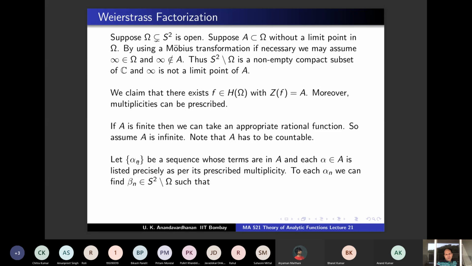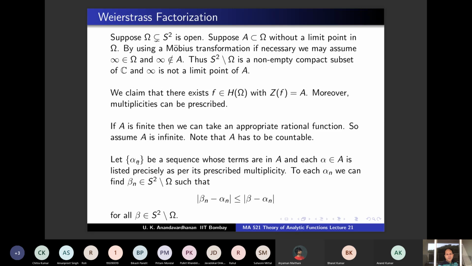One small thing we have to do first: observe that to each alpha n, we can find a beta n in S2 minus omega which minimizes the distance |beta n minus alpha n| over S2 minus omega. Alpha n is in A, so alpha n is in omega and beta n is in S2 minus omega.